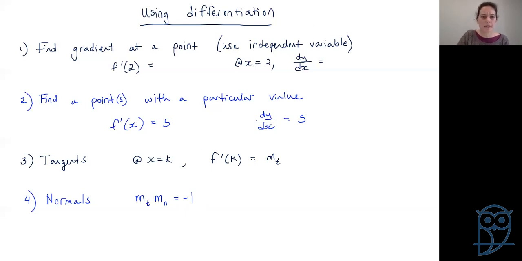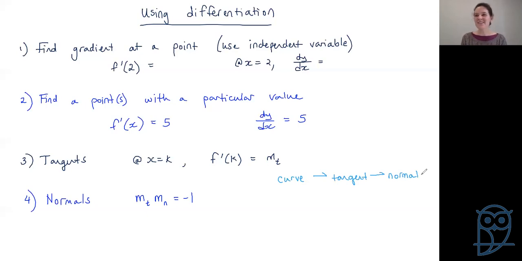So please bear in mind here that we don't go from the curve to the normal, okay? We are going from the curve to the tangent, from the tangent to the normal.